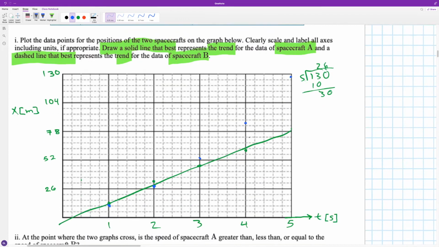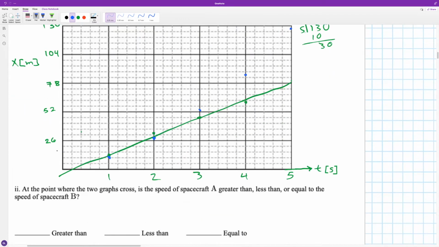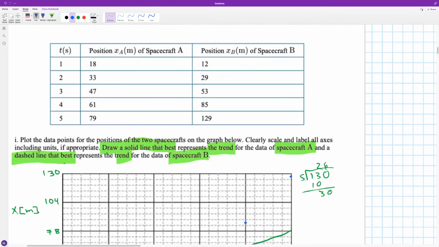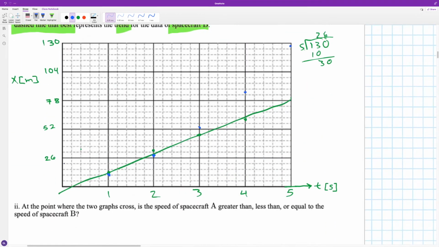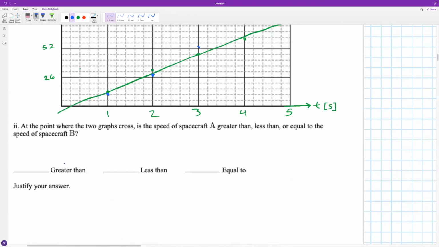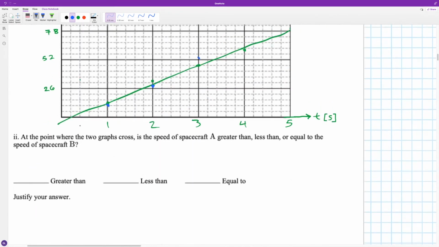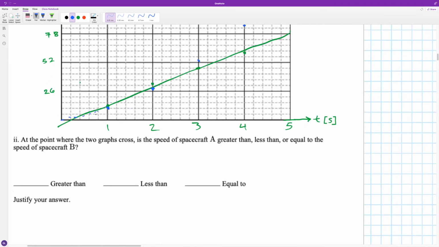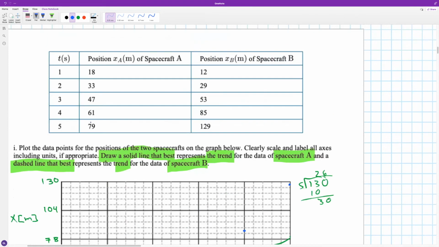Okay. And so we're going to have to draw a dashed line for this. Now, if we look at this, this is almost starting to look a little quadratic. But we'll worry about that later. So they want us to draw a dashed line, right?